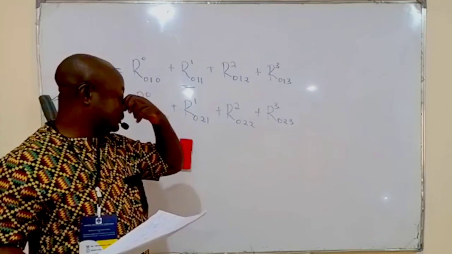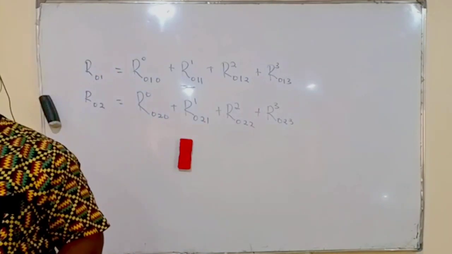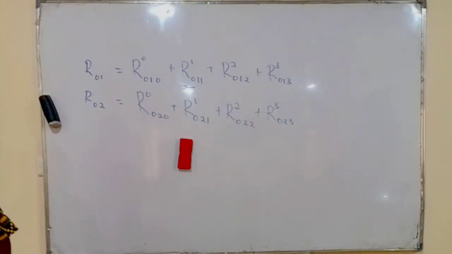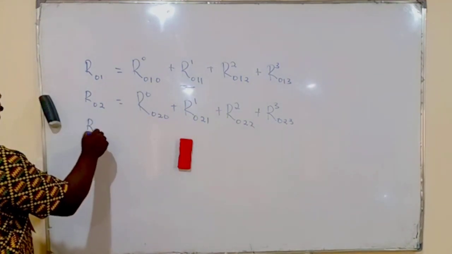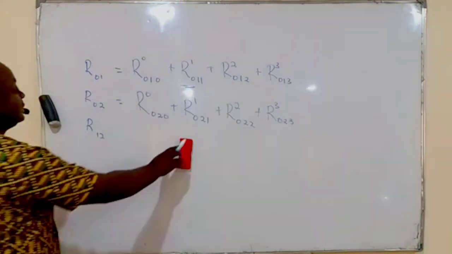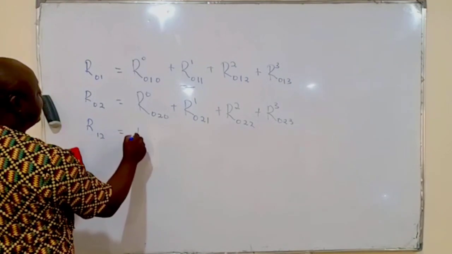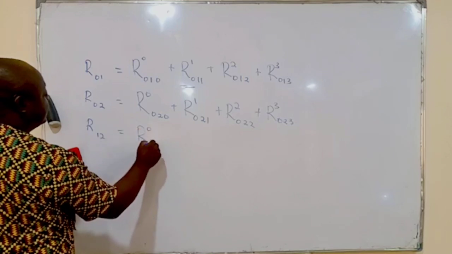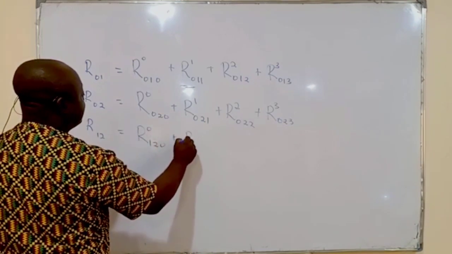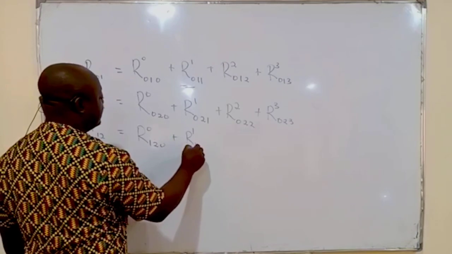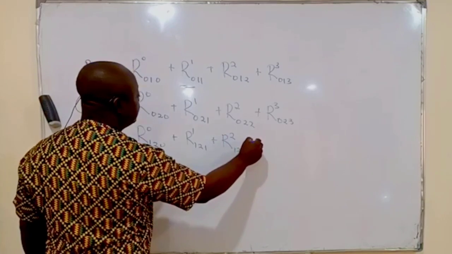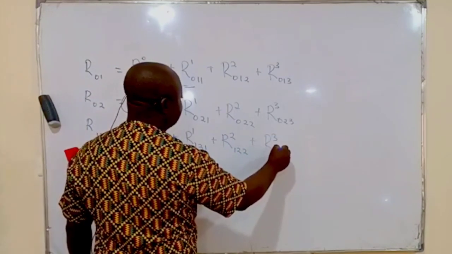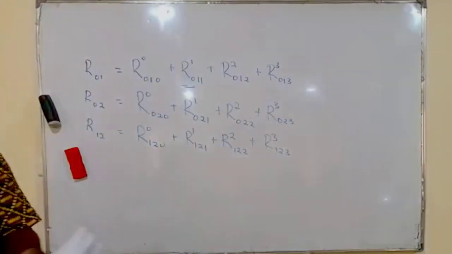Well, it's 0. So all of them are, even the last one is 0. Okay. So what about R12? So the R0120 plus R1121 plus R2122 plus R3123. What about that one?